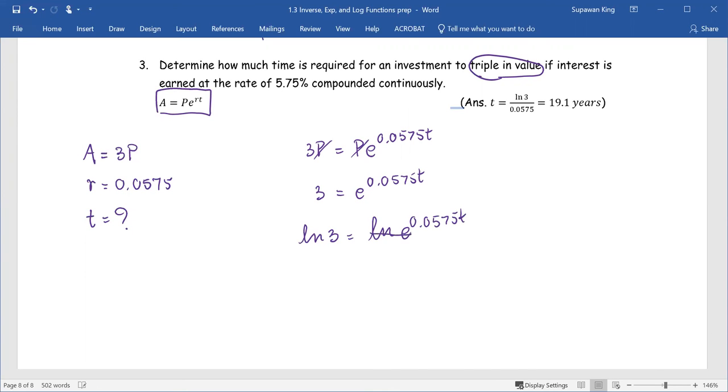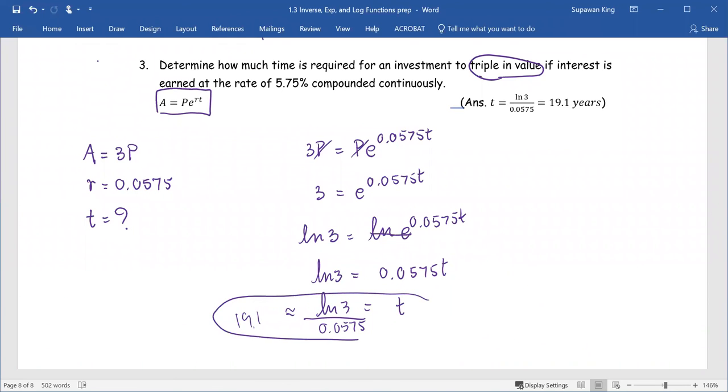Natural log and exponential cancel. The right side becomes 0.0575 times t equals natural log 3. So then t equals natural log 3 divided by 0.0575, approximately equal to 19.1 years, for the future value to be triple the principal.